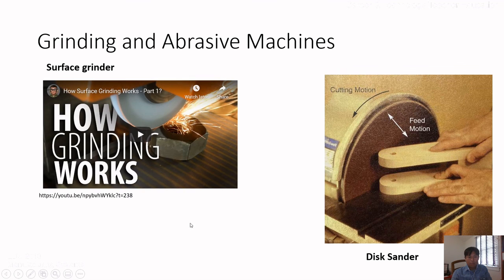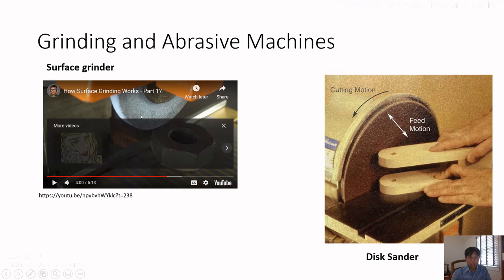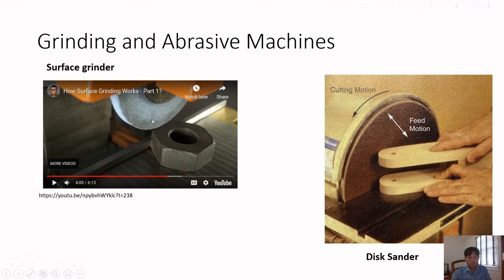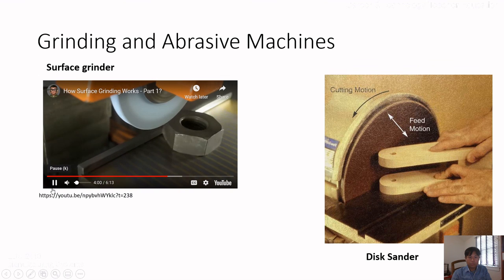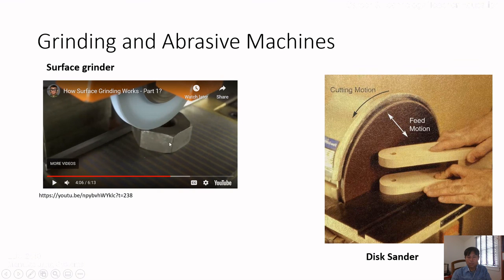And then the grinding and abrasive machines. So this is a grinding machine, a grinder. It's a special grinder. It has high hardness, so it is a sort of stone, and this is cutting this material.